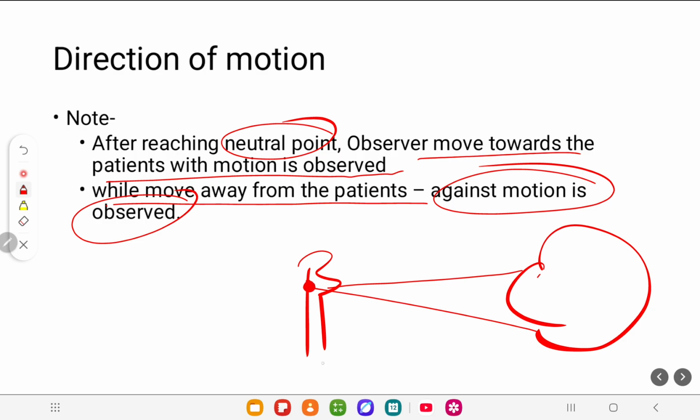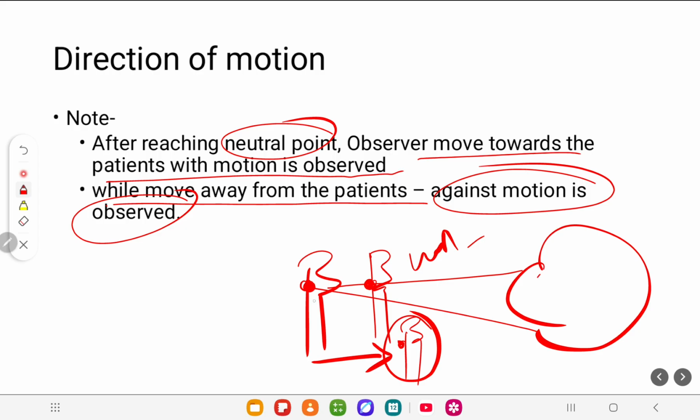Then, as an examiner, when you move slightly ahead, you will get with motion, because the far point is here and your retinoscope comes here. Now the far point is away from the peephole, in this case you get with. And if you slightly displace your retinoscope here, then the far point is here and your peephole is here, you will get against motion. It's very important clinically.